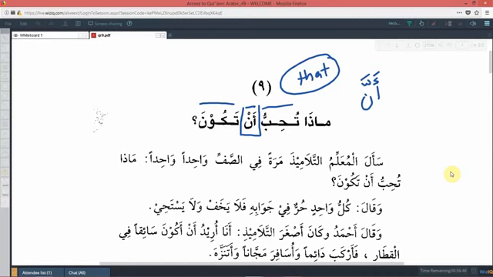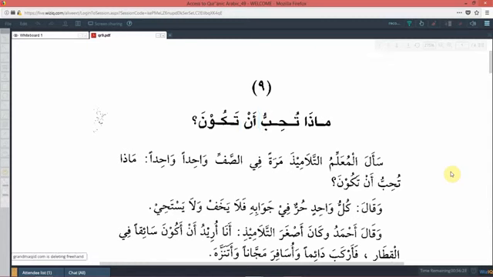He says سأل المعلم التلاميذ مرة في الصف واحدا ماذا تحب أن تكون؟ سأل, from يسأل, meaning to ask. سأل past tense, he asked. سأل المعلم. المعلم is the one who teaches.